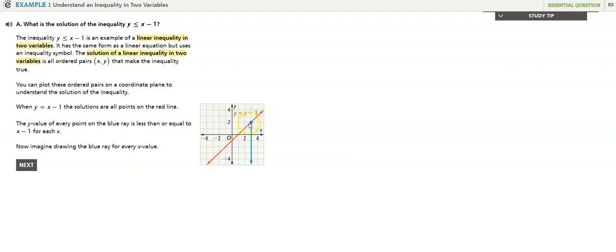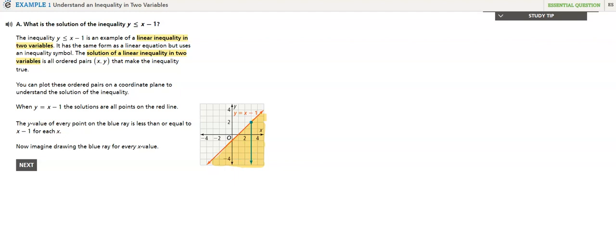So all of the points on this line are true for this equation. But because we want y to be less than or equal to, all of the points that are on the line or below are true for y.